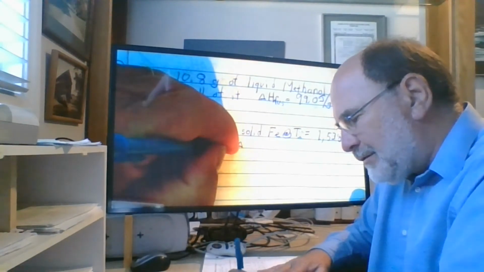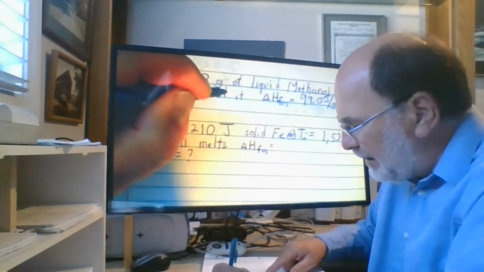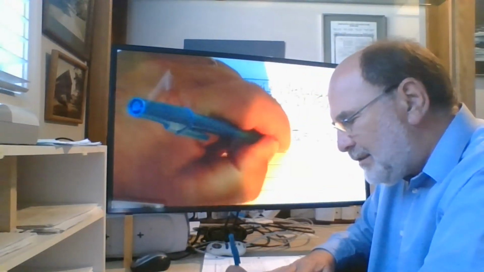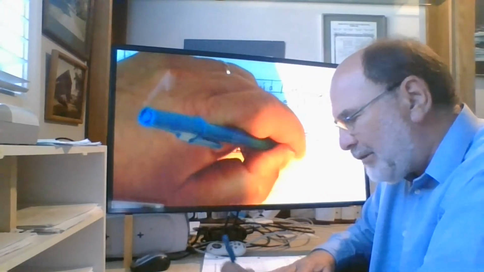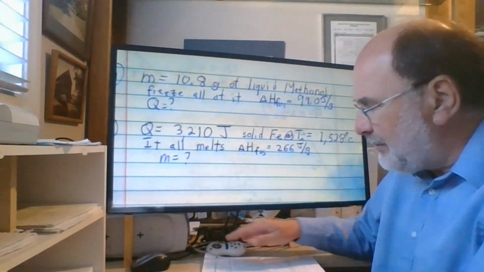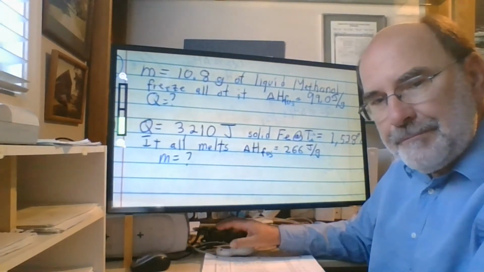And of course, you looked it up. The heat of fusion for iron is 266 joules per gram. So calculate, please, what would be the mass of the iron that I just melted?